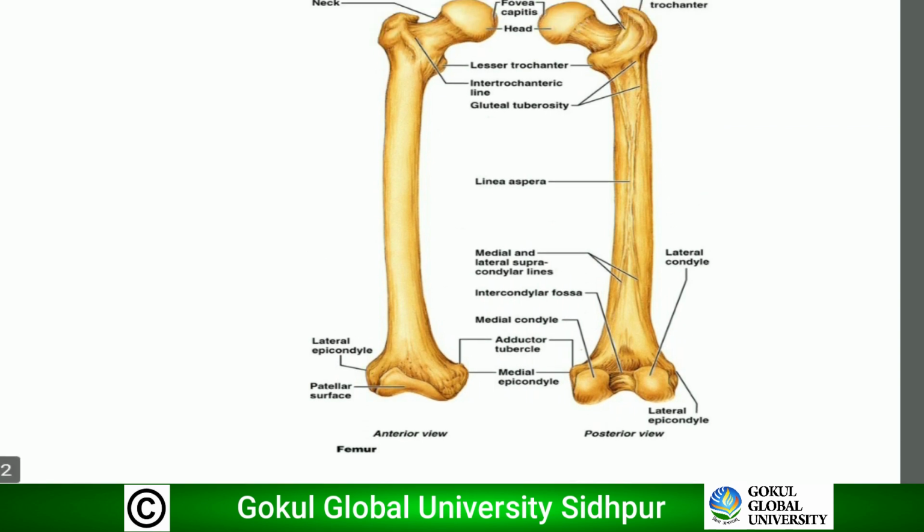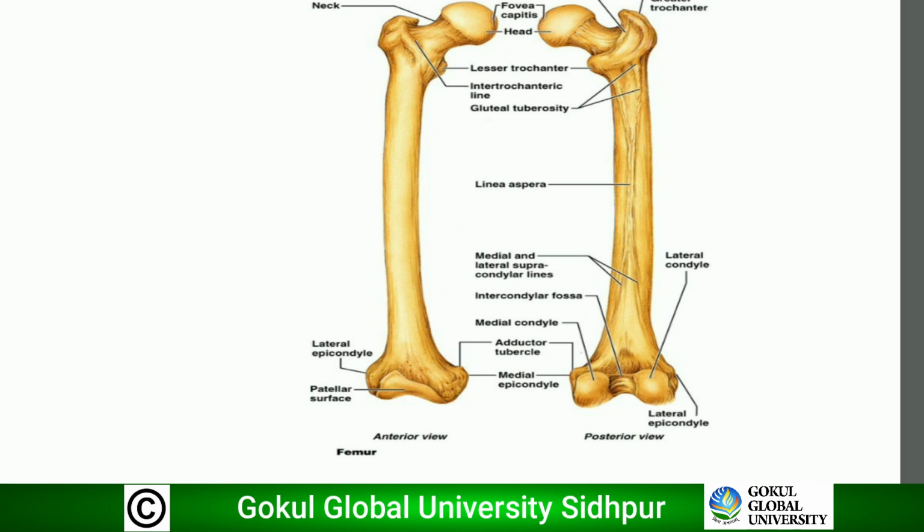In this diagram you can see the lateral and medial condyles of the femur. Above them there is the description lateral epicondyle and medial epicondyle. Its definition is a prominence above or on a condyle.